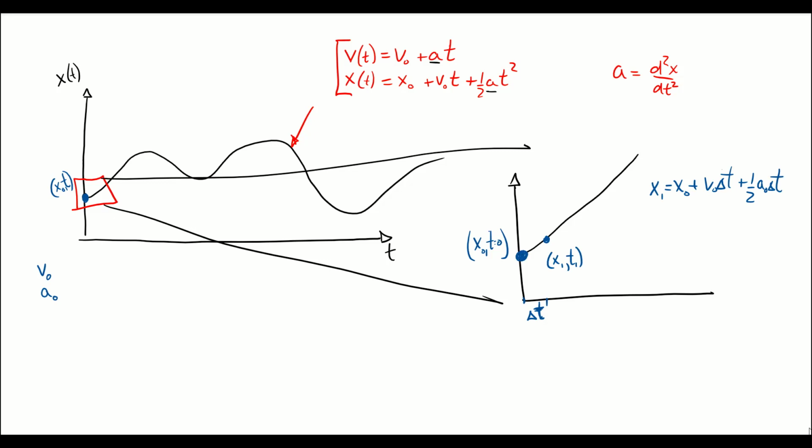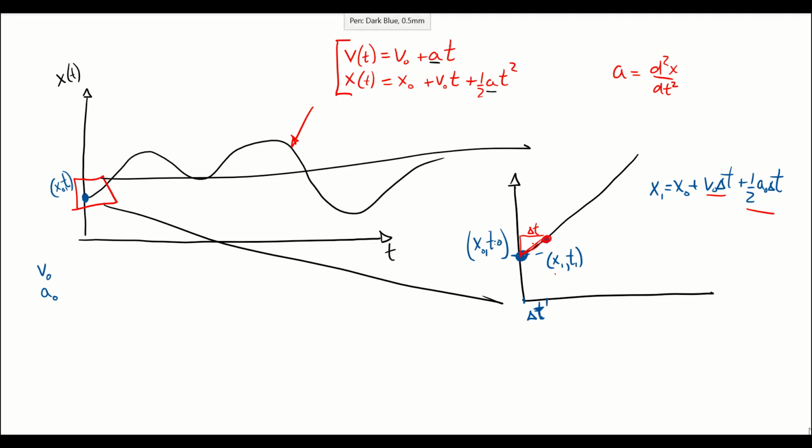And what that is, I started here. Let me switch colors here so we can see this. I started here and I knew the slope. So if it was just that slope line, I would have had to add this delta t times the slope to get me this term. And if it had some curvature to it, I would have added this, and that would have added a bit to there. But the gist is, I use that equation. I now know this point.